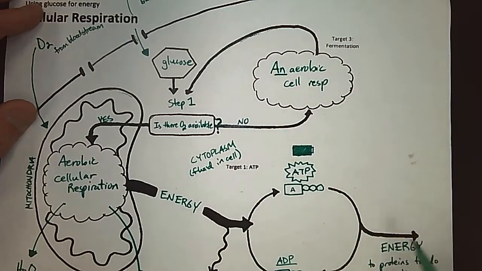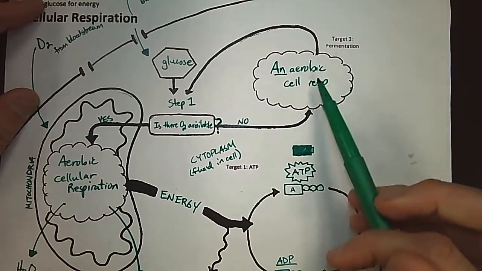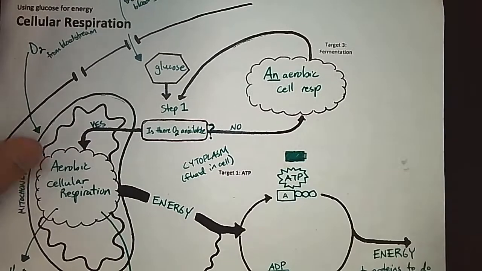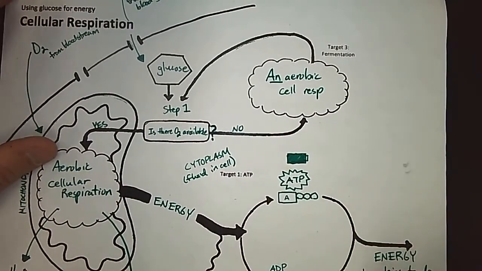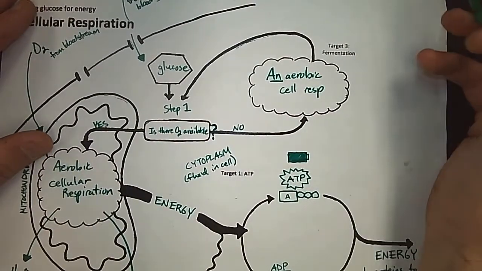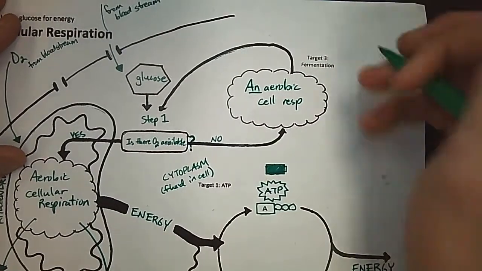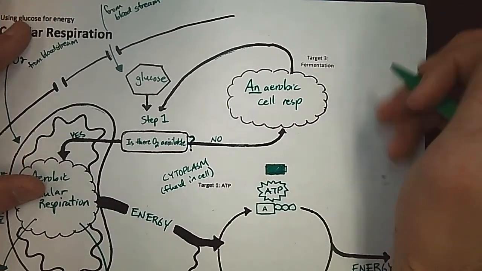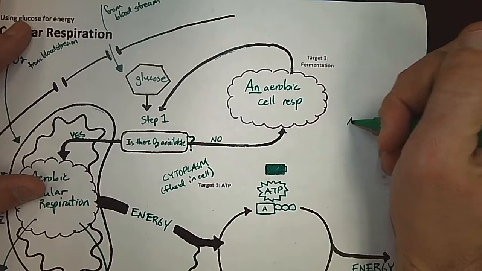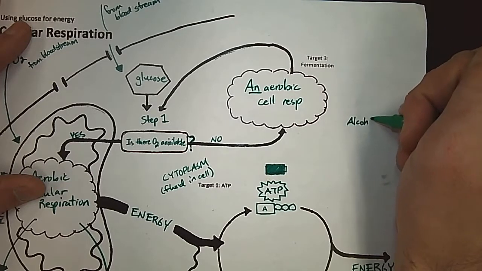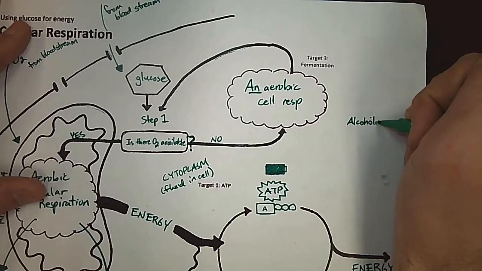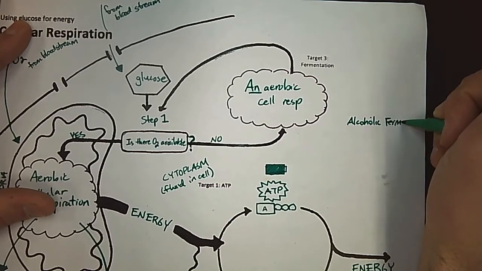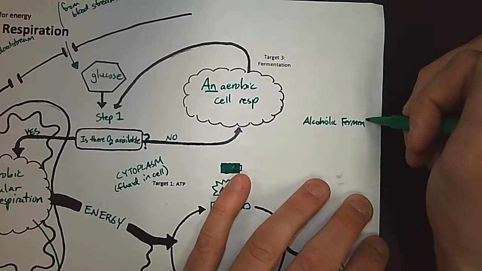All right. Now remember, fermentation is just a type of anaerobic cellular respiration. So there's two types that we could do. The first one, and remember this happens in the cytoplasm, is alcoholic fermentation. Running out of room.